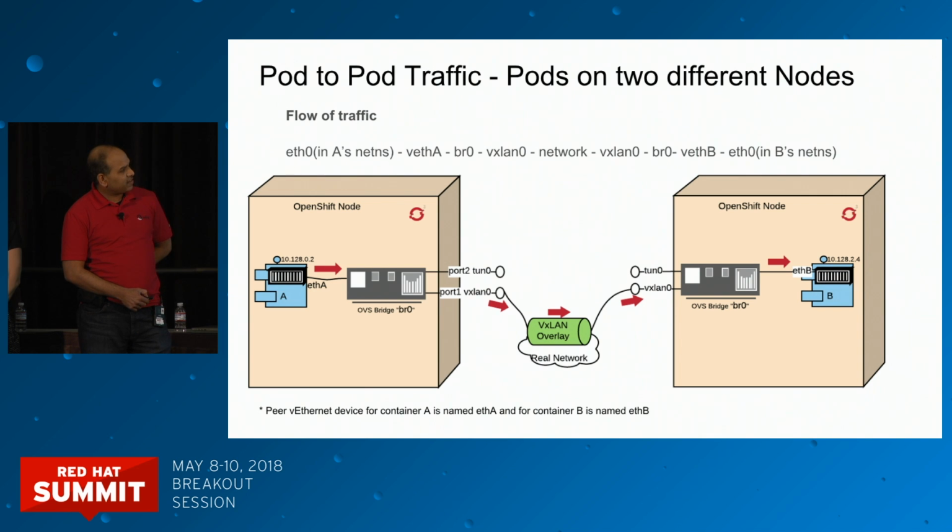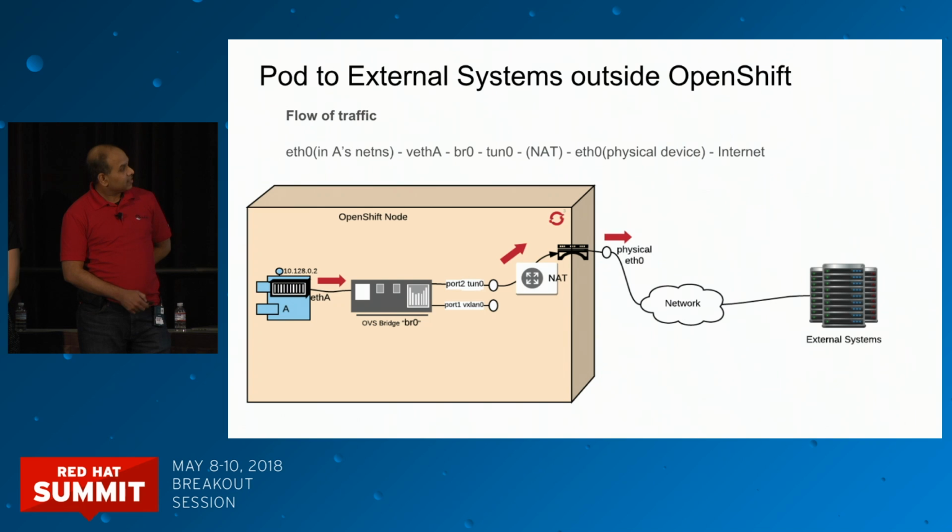So it sends the traffic via VXLAN 0, which goes over the overlay network, reaches the other node. There it goes again to the bridge network, and here it finds the pod and sends it there. Very simple, right?